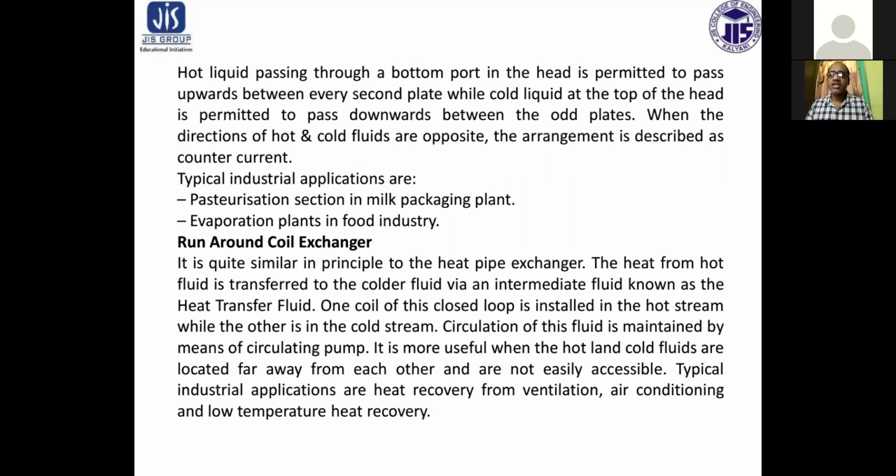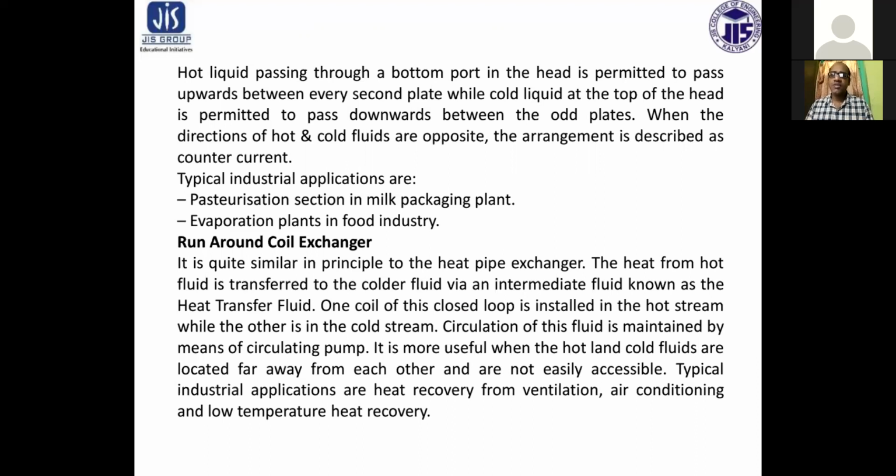When the directions of hot and cold fluids are opposite, the arrangement is described as counter current. So in this plate type heat exchanger, hot and cold fluid can be passed in parallel or in the counter way.